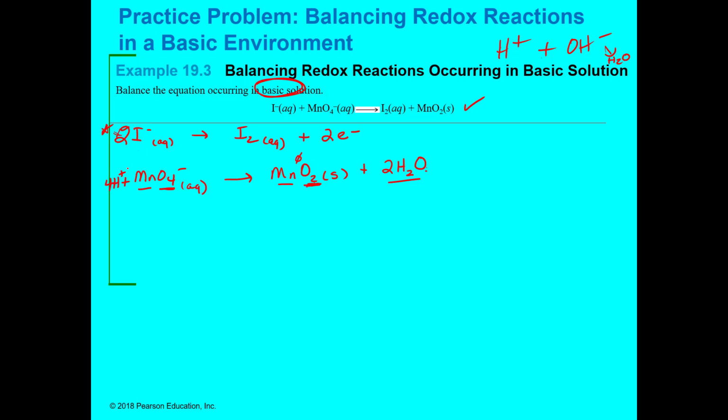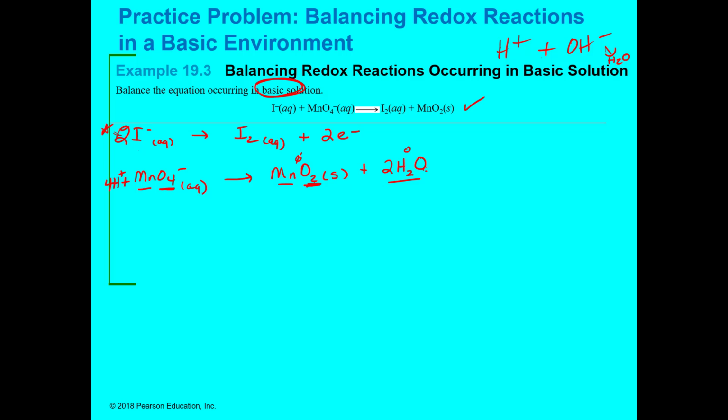You could always go back and reverse me if you need to repeat any of these steps, okay? Because this one had oxygens on both sides, you only needed 2 because you have 4 over there and you already had 2. Okay, so now everything is balanced. I've got to look and see. All right, this is a 0 and that is a 0.